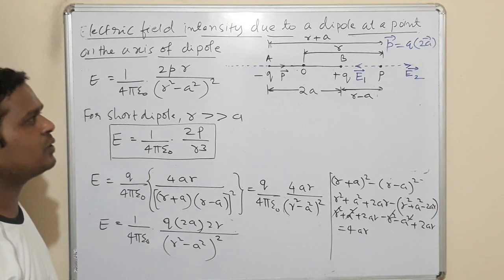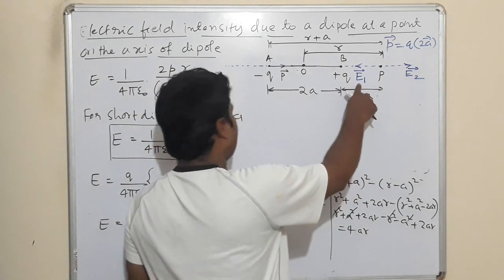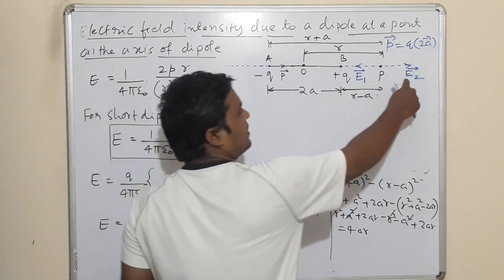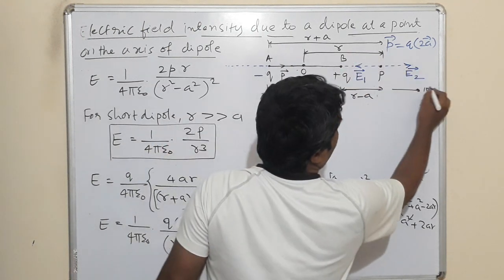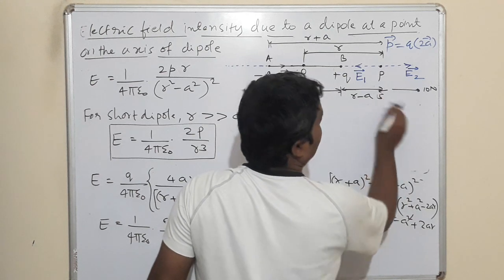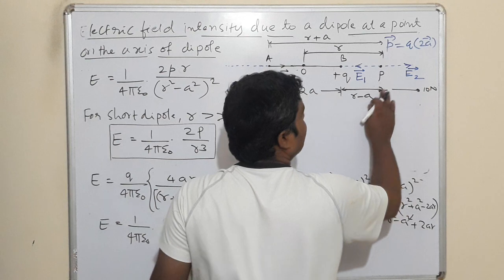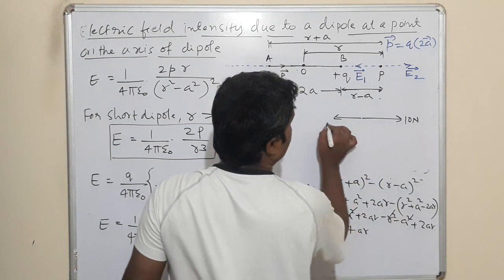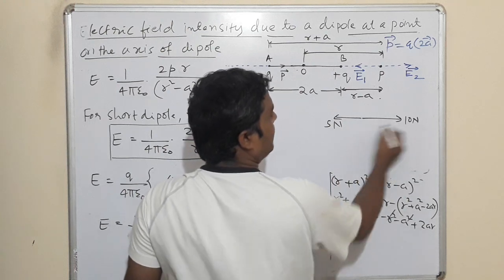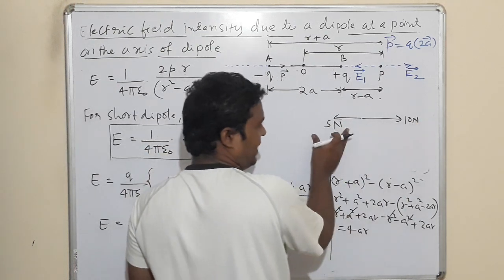Then what is the direction of the net field? E2 is more than E1. If this is 10 and this is 5, the answer will be 5. If this is the larger vector, 10 Newton, and this is 5 Newton, then the resultant will be 10 minus 5.